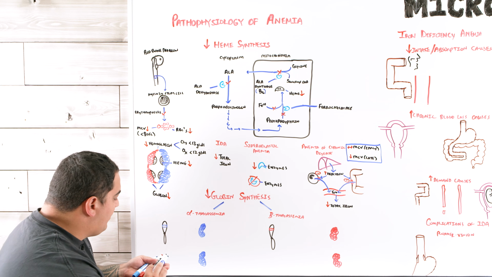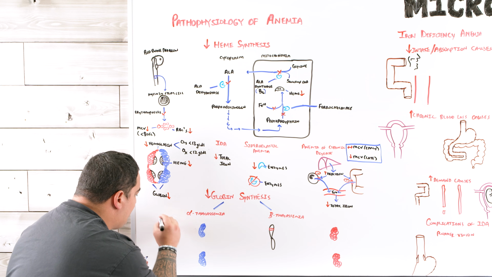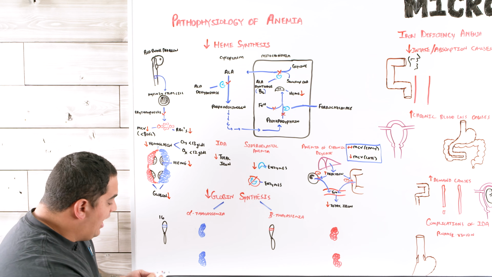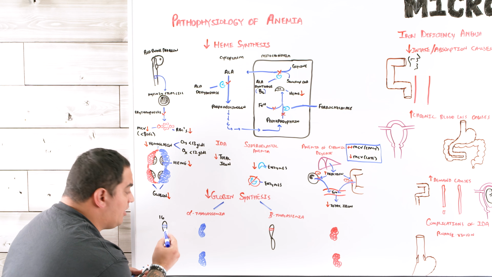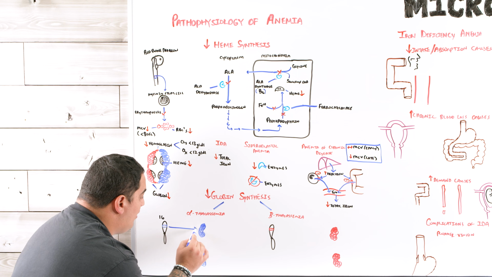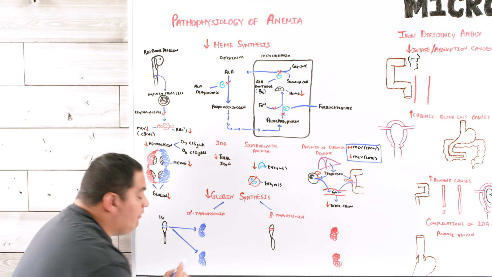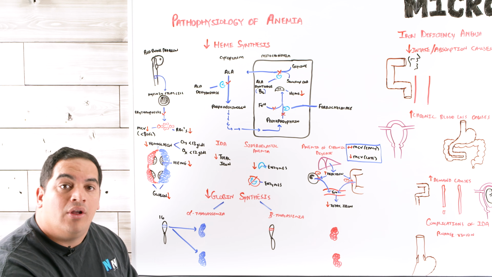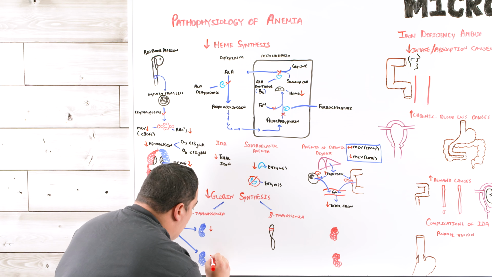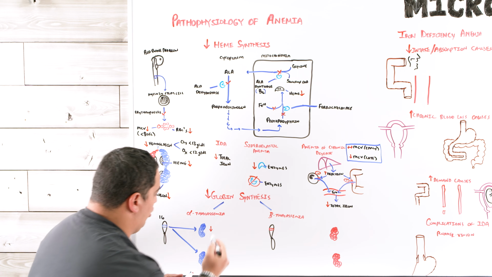If a patient has alpha thalassemia, there is some type of deletion usually on chromosome 16. And what happens is actually pretty straightforward. Depending upon the amount of deletions they have on those chromosomes, they will make either very little or no alpha globin. So it could either be a decreased alpha globin or it could be no alpha globin.